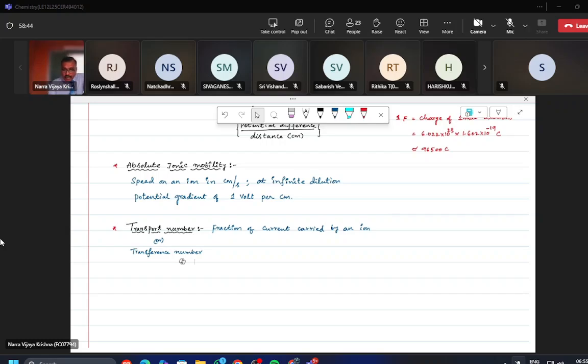Now, mathematically, we can write that in this way. Transport number due to an anion: current carried by an anion divided by the total current. So what is the transport number of an anion?